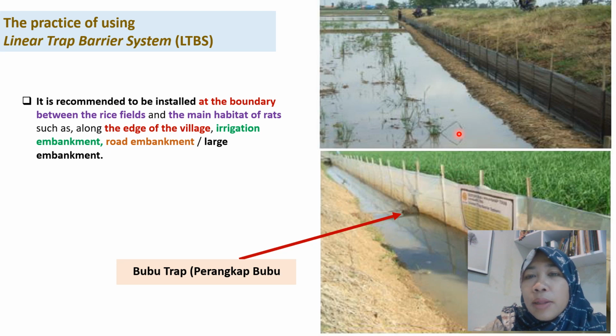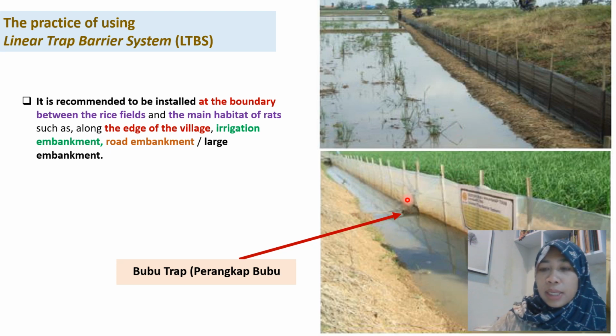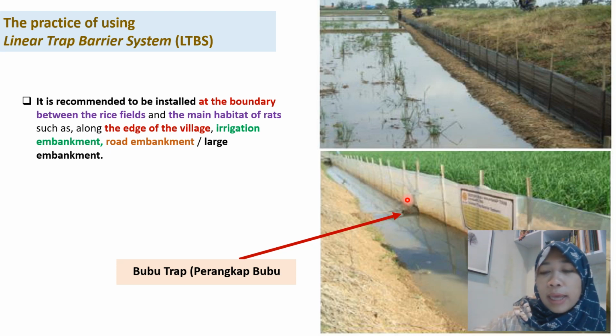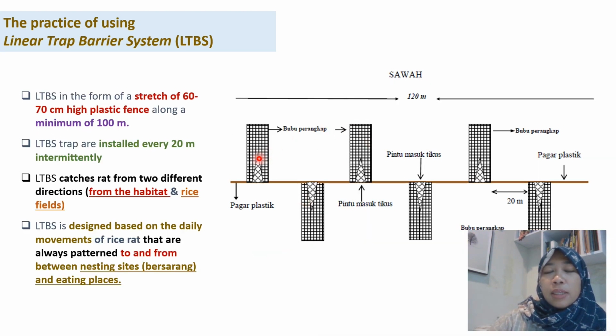This is the picture of the LTBS. As you see in the picture, there are two kinds of bubu trap installed every 20 meters, installed intermittently like this.